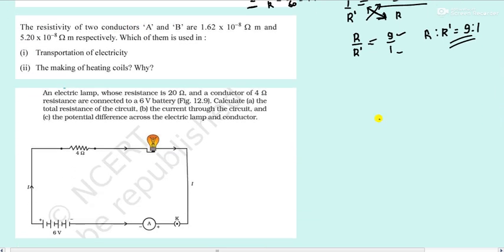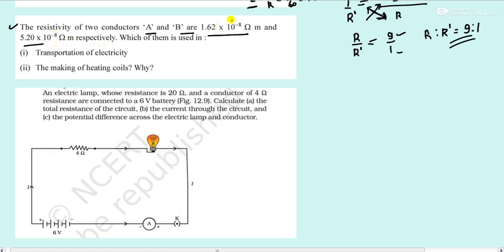Next question is the electrical one. The resistivity of two conductors A and B are 1.62 into 10 power minus 8 ohm meter and 5.20 into 10 power minus 8 ohm meter.